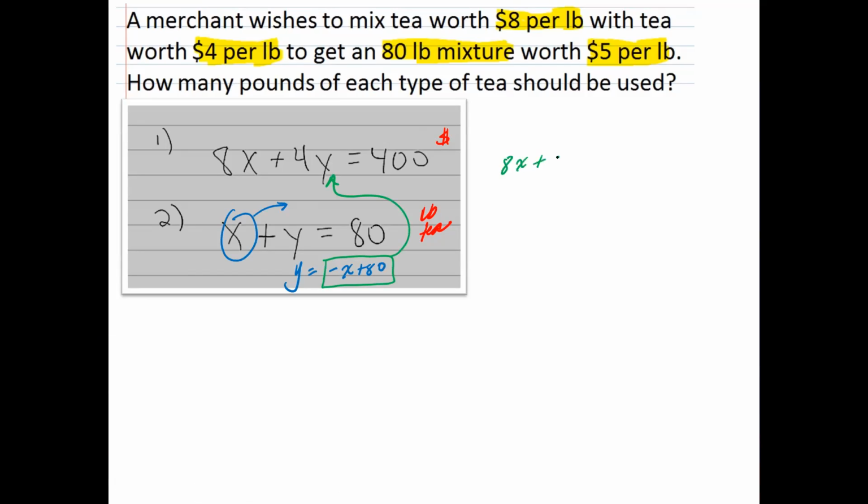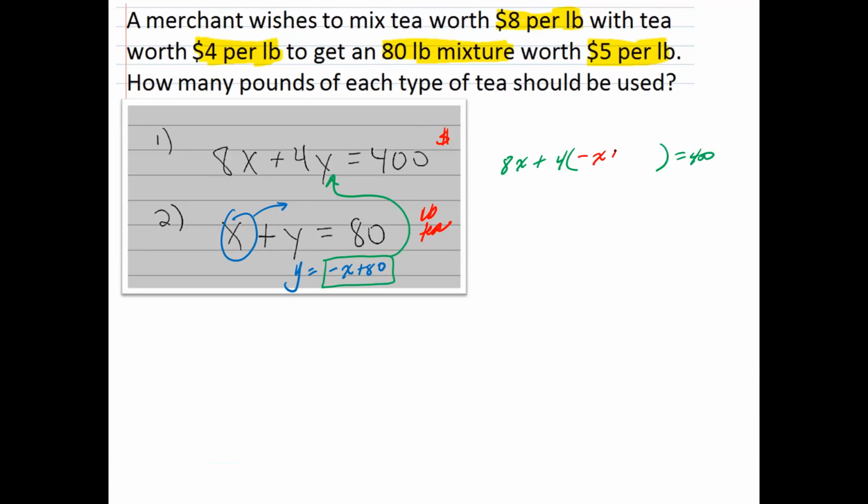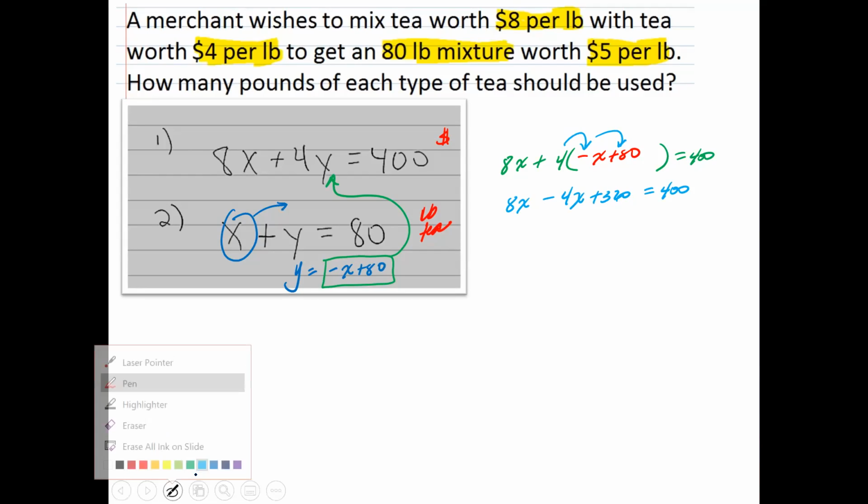So I have 8x plus 4 times, and again, I'm going to substitute that with negative x plus 80. Distribute the 4 into the parentheses. You get 8x minus 4x plus 320 equals 400.